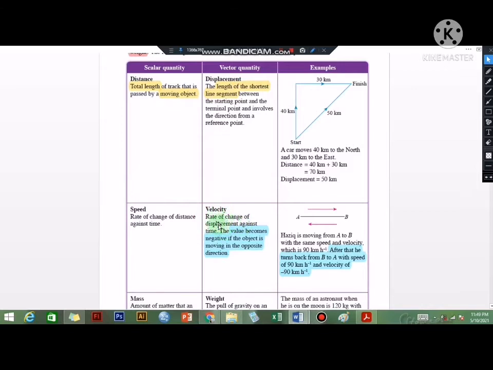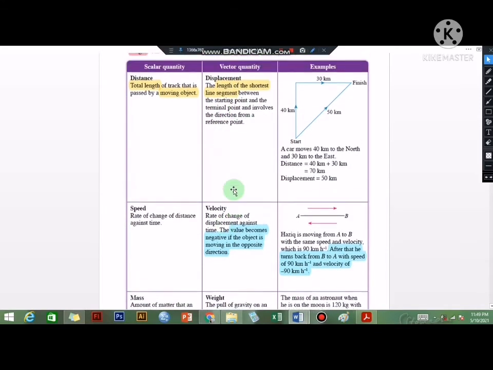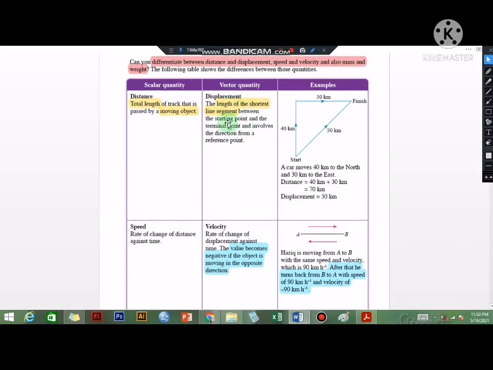We know that displacement is already a vector quantity, so we can consider velocity also a vector quantity. Also, the value of the velocity will become negative if the object is moving in the opposite direction. So it already has a direction. That's why velocity is considered as a vector quantity.